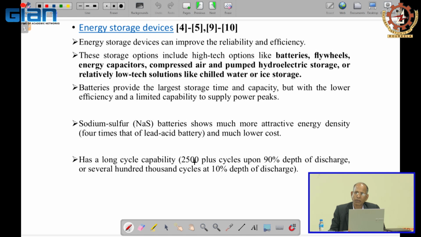Still, whatever microgrid we have, if we are not able to meet the demand, maybe it is an isolated microgrid, then we need some kind of backup generation. Backup could be in terms of energy storage devices, but it could also be a diesel generator. Diesel generators again have so many issues.